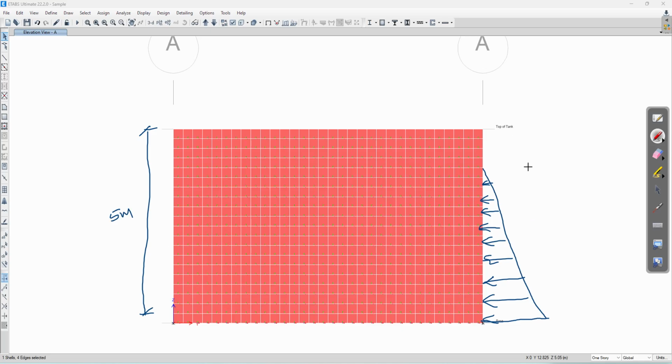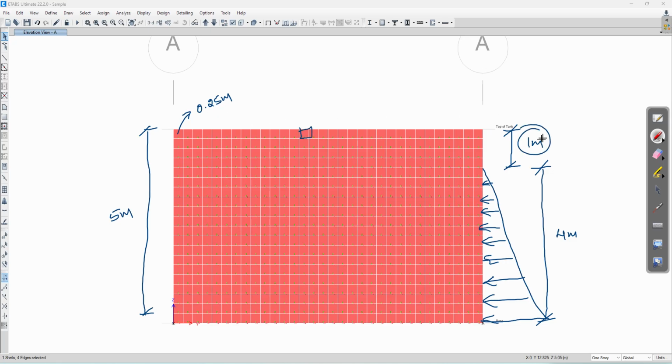Your soil pressure is this much only, 4 meter. So here you need to leave this 1 meter. So your mesh size is 0.25 meter. So each square size is 0.25 meter.